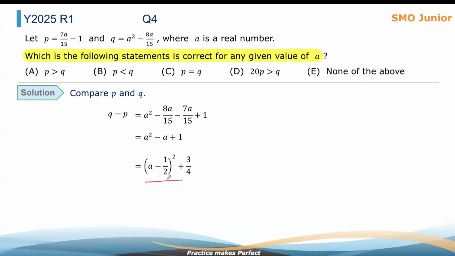This is a square, so it's always non-negative, then plus 3 over 4, which is greater than 0. Q minus P is always greater than 0. So we get Q greater than P. Answer is B.